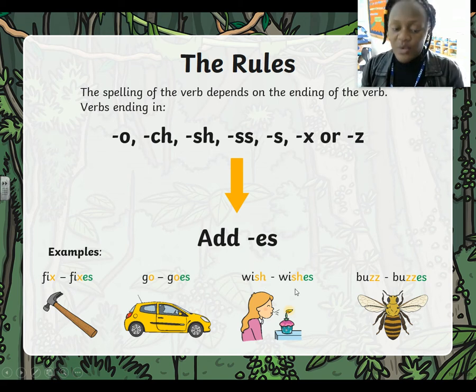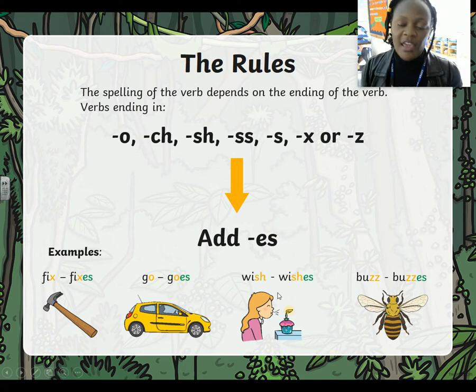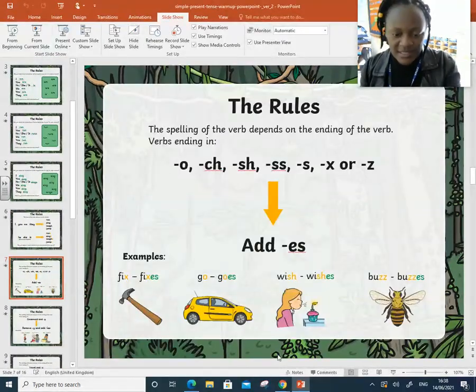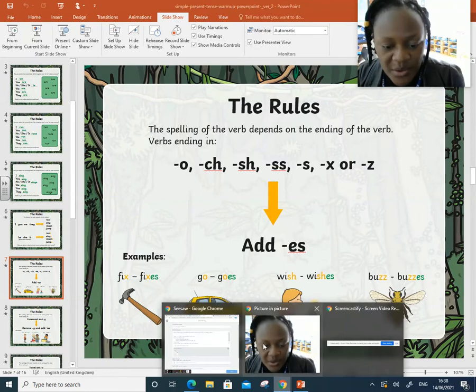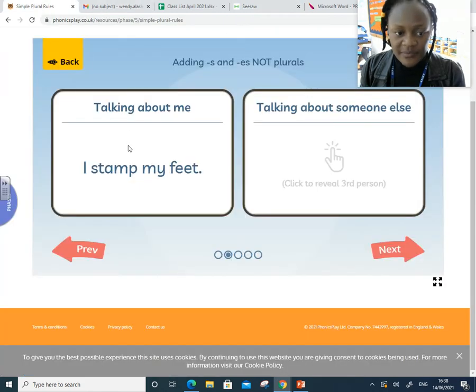She wishes her friend happy birthday every year. Buzz becomes buzzes because it ends with z or double z. Okay, so let's remember those rules because we will definitely need them when we are writing our verbs.